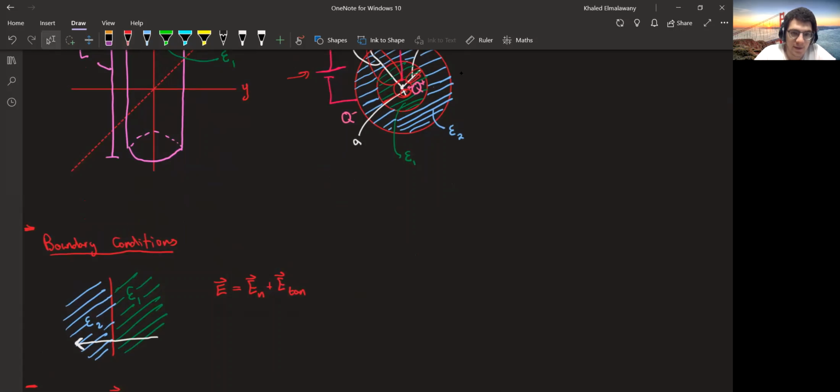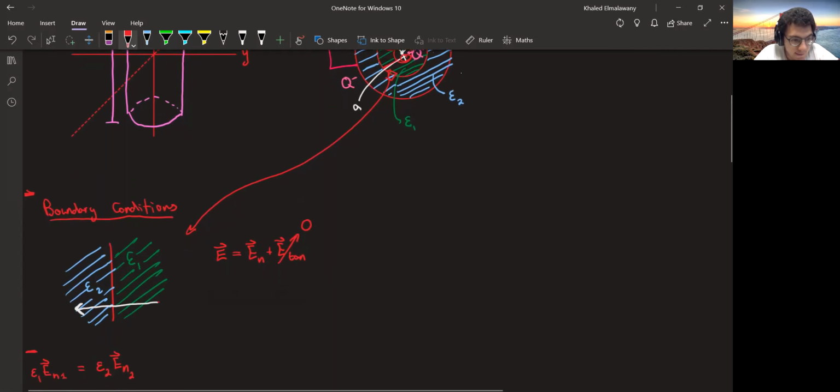Now as we can see here, I just took a zoomed in approach and drew it on here. So the electric field from the biasing that we just assumed would go from the left here to the right based on this drawing. So that means that all of the electric field will be normal to the boundary.